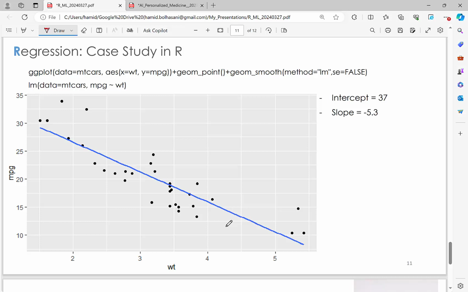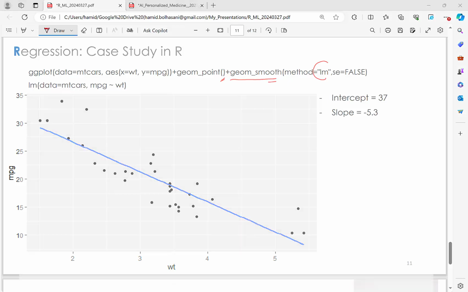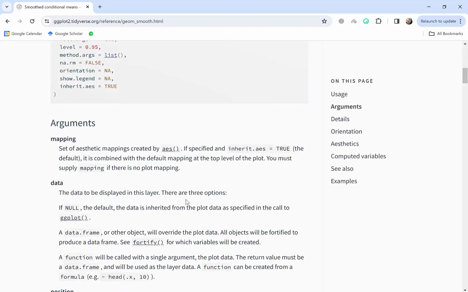The code is the same, but here we have geom_smooth, and the method is lm, the linear model, and also se equal to FALSE. What does se mean?